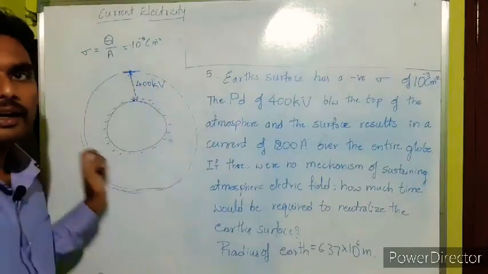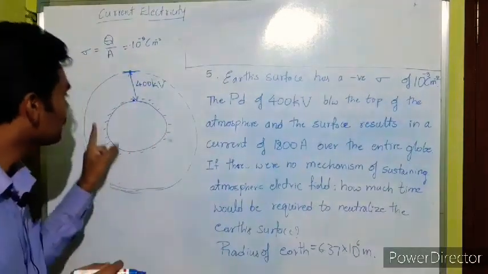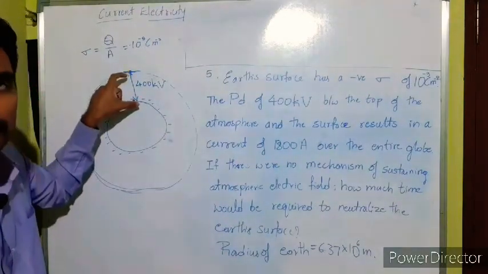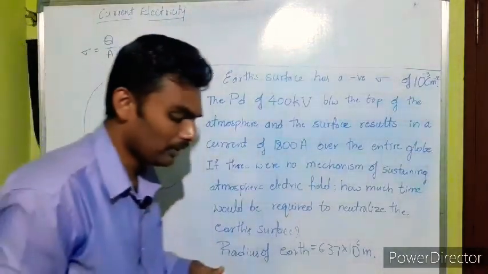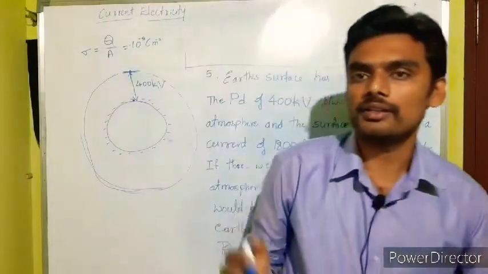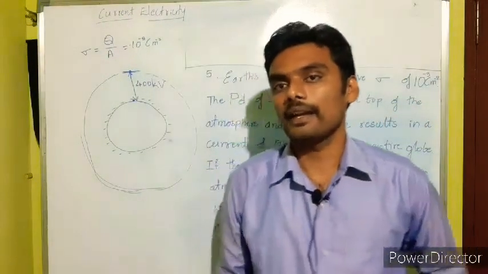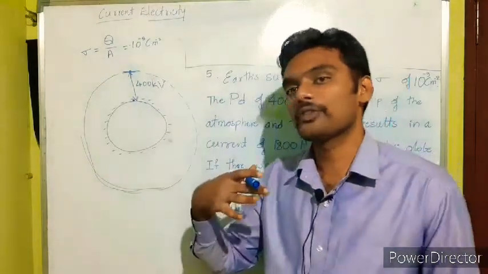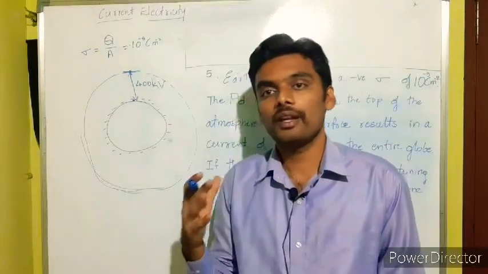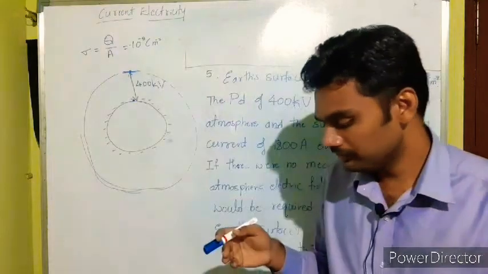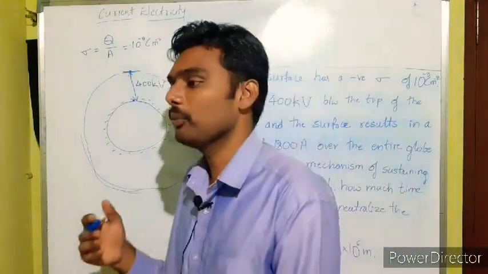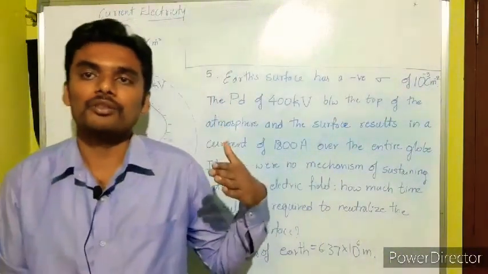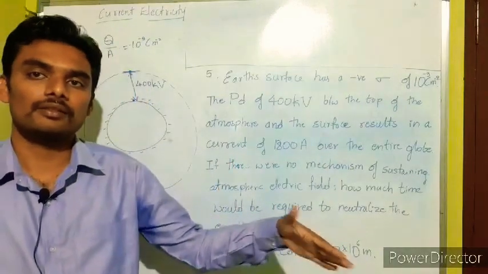Now you have charges here, you have potential difference here. What do you expect to happen? Where you have potential difference, charges start to move. Positive charges move from higher potential to lower potential, right?